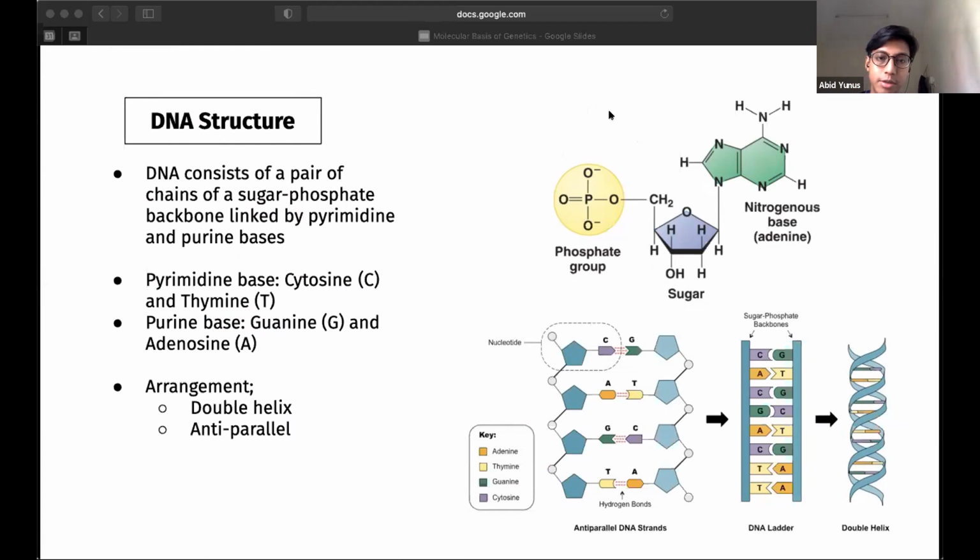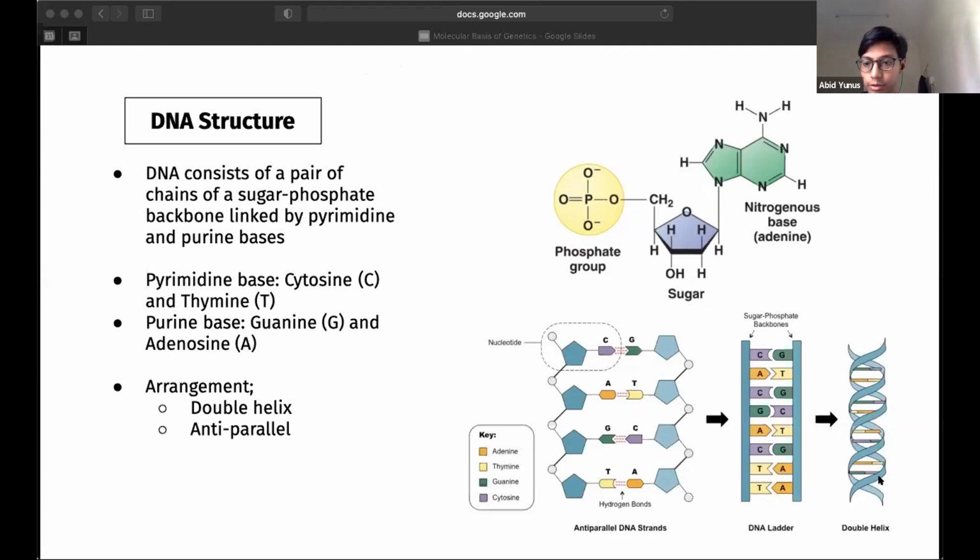So the nitrogenous bases are the purines and the pyrimidines. The pyrimidine bases are cytosine and thymine. Meanwhile, the purines are guanine and adenine. The arrangement of the DNA is always in the form of a double helix.